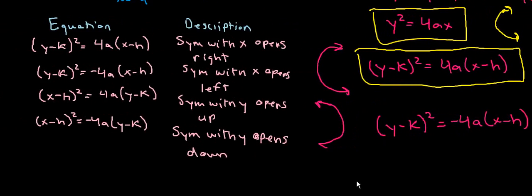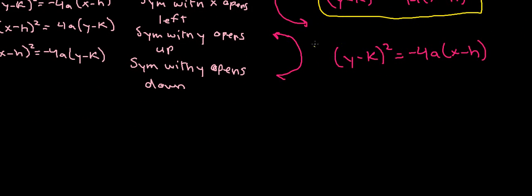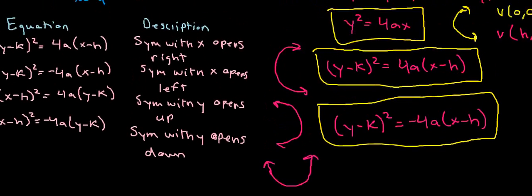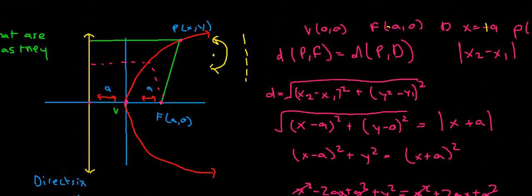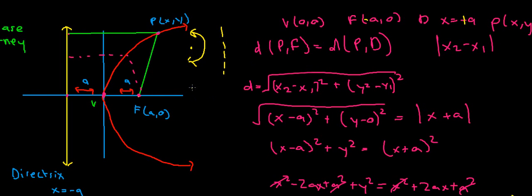Now, what about the situation where, circle this, where I have a parabola that is symmetrical with the y-axis and opens upward? Well, it should be pretty apparent what I have to do now. Since this parabola now opens upward, the focus is going to be a positive y value.